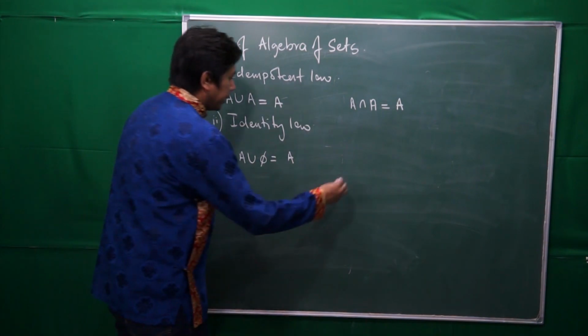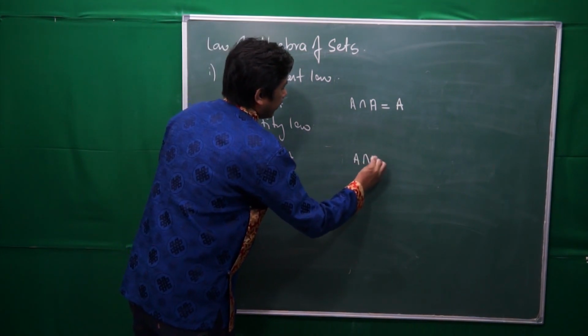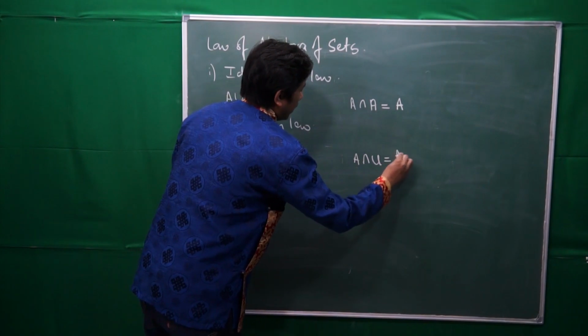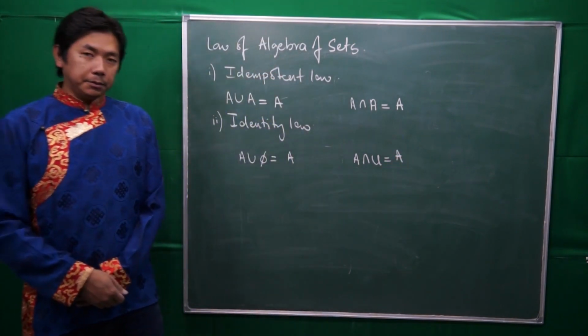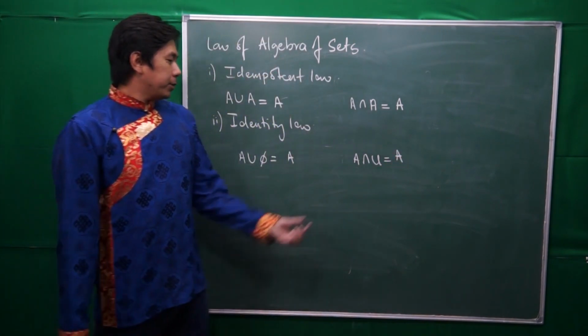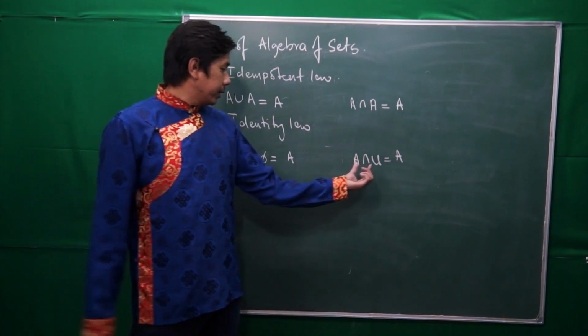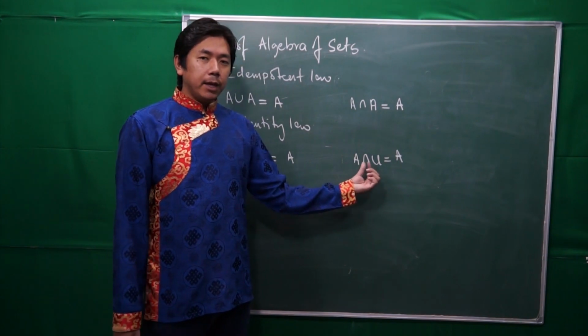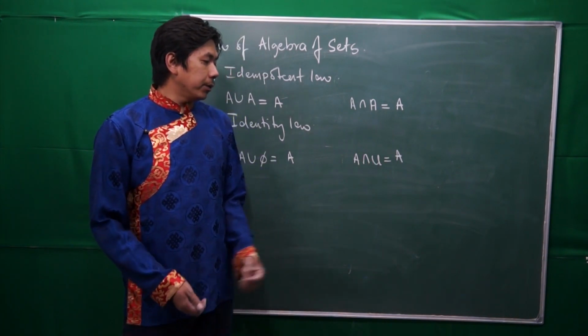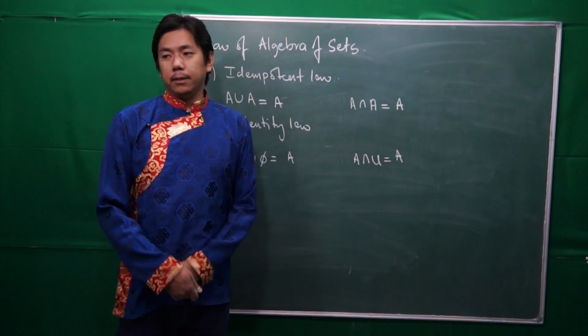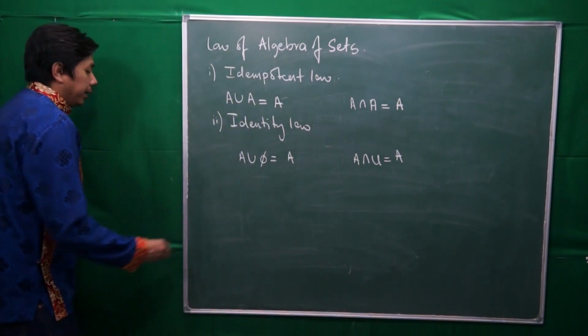Similarly, for intersection, A when intersected with a universal set would give me A. All the elements would be inclusive in the universal set, that is clear. So when the intersection of A is done with the universal set U, you will be getting A again. Simple.